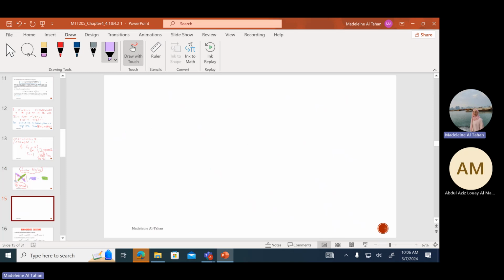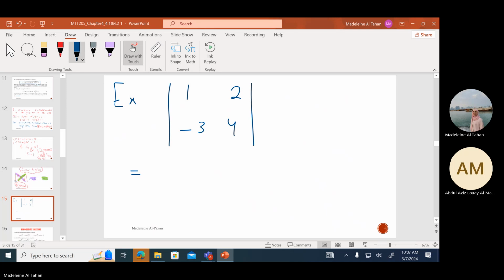Okay, please find the determinant of this one. Again, main diagonal minus the second diagonal. Who is seeing this notation for the first time? It's okay. Okay, how do we do it? 1 times 4 minus 3 times 2.